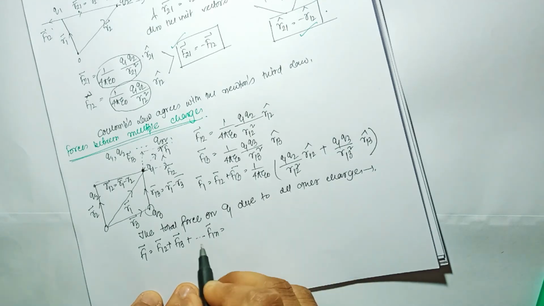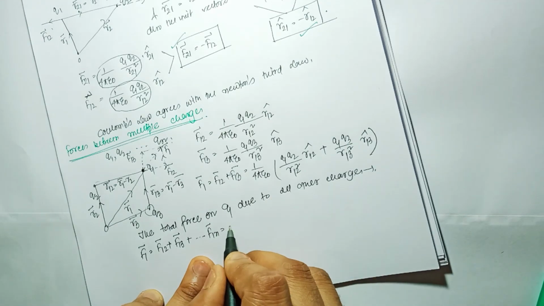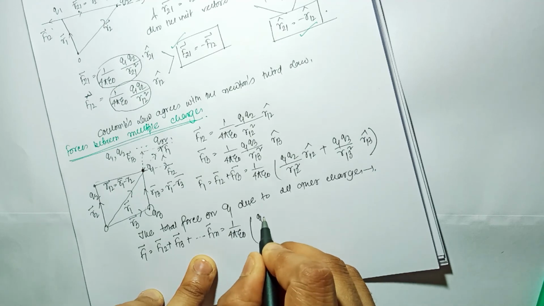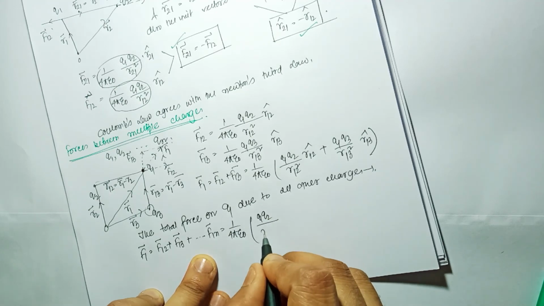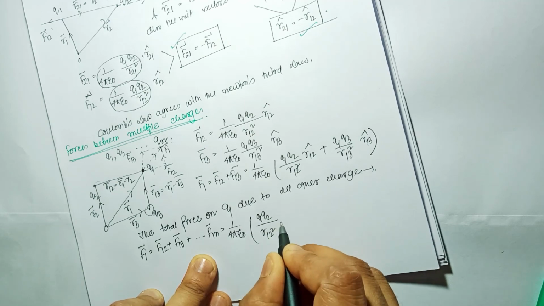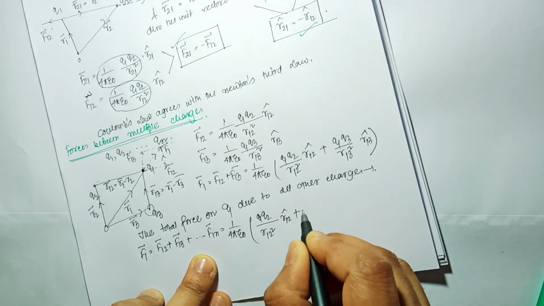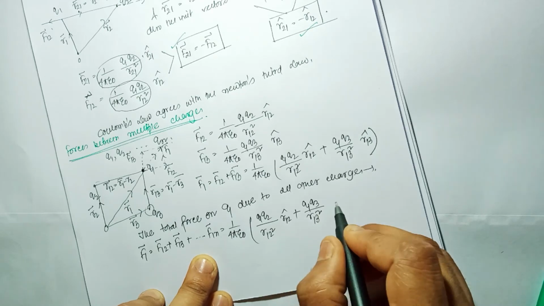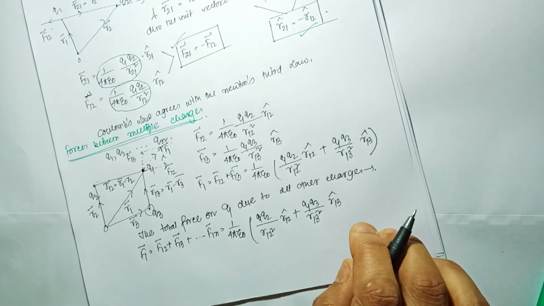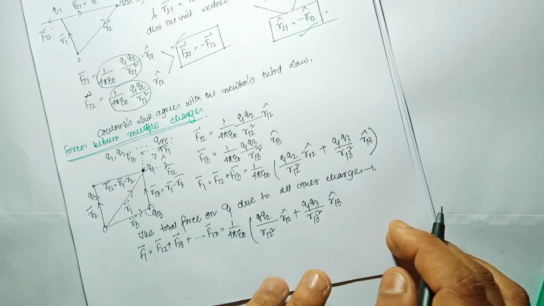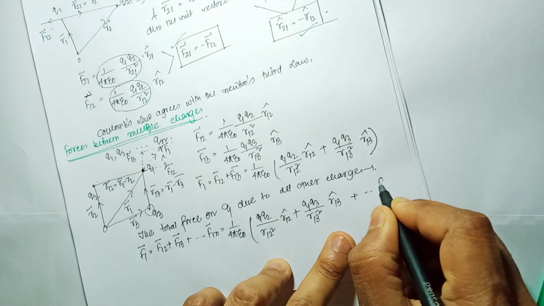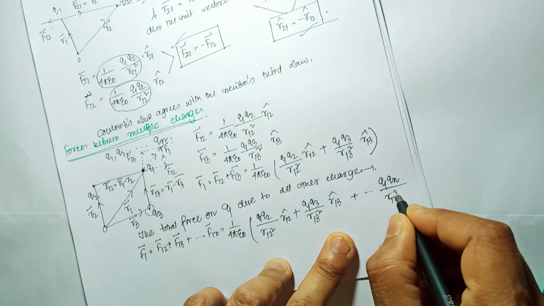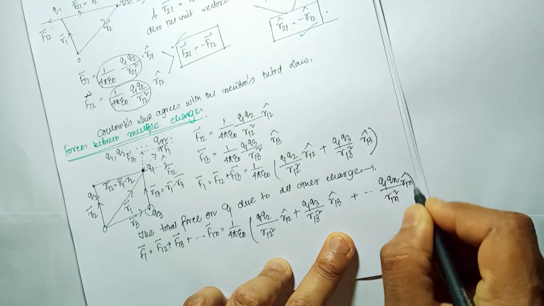Writing the forces in vector form, this is 1 by 4 pi epsilon naught times Q1 Q2 divided by R12 square times R12 cap plus Q1 Q3 divided by R13 square times R13 cap, plus Q1 Qn divided by R1n square times R1n cap.